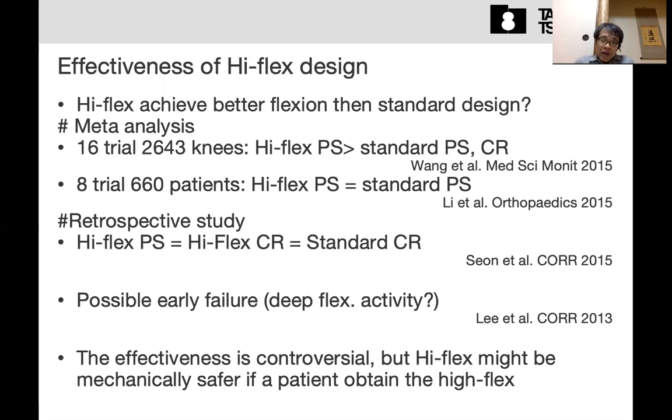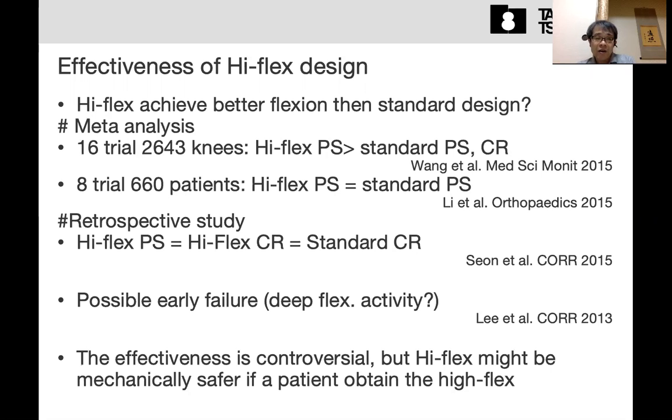But in summary, the effectiveness of high flex design to achieve high flexion is still controversial, and we should carefully observe whether it can cause early failure or not. But high flex design might be mechanically safer, because we can get a deeper, wider contact area between the femur component and polyethylene.